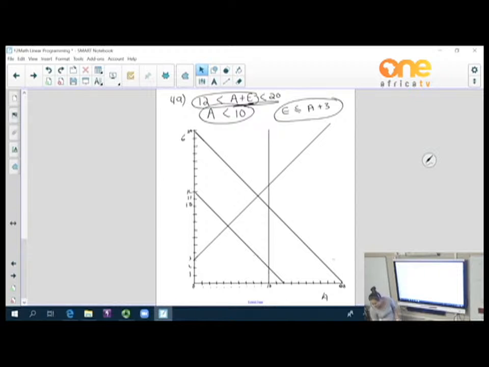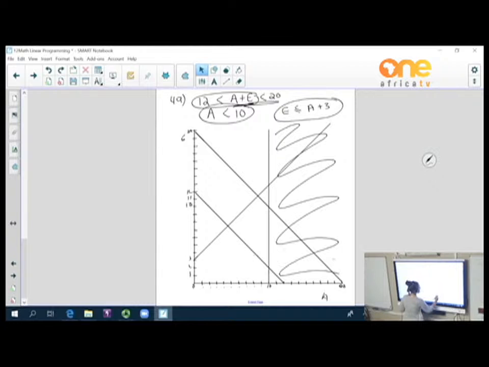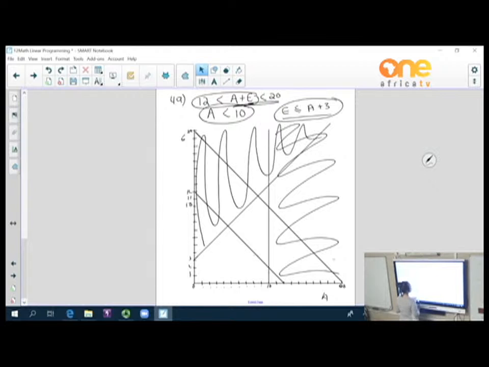Number B, we first have to unshade the region which satisfies. So Argentina is less than 10, so they will be on this side, which means this part is our unwanted area. Then we have England is less than or equal to Argentina plus 3, so this part will be unwanted.